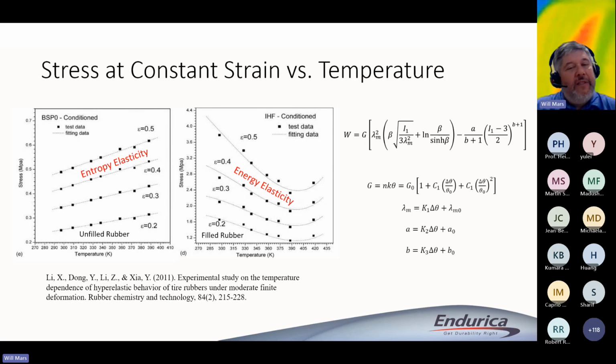On the right, you're seeing an example of what I'm calling energy elasticity, which shows a decrease of the stress in the material as you increase the temperature. Obviously, things can be very complicated, so if anybody ever asks you, does the rubber get stiffer or softer when you heat it up? The answer is it depends. In this paper, they give a temperature-dependent constitutive law, and if you wanted one model that could represent both types of effects, this might be one you would want to look at. All right.